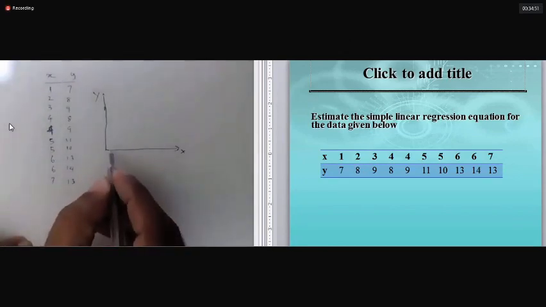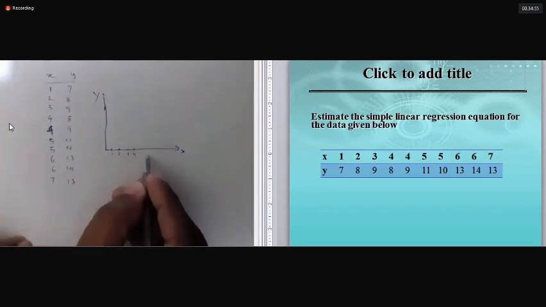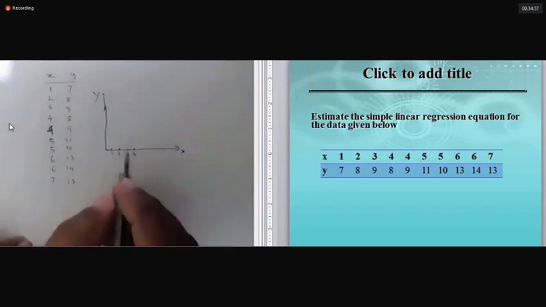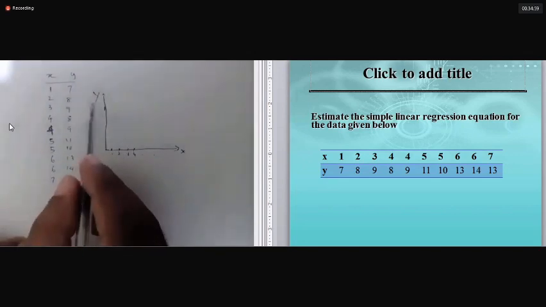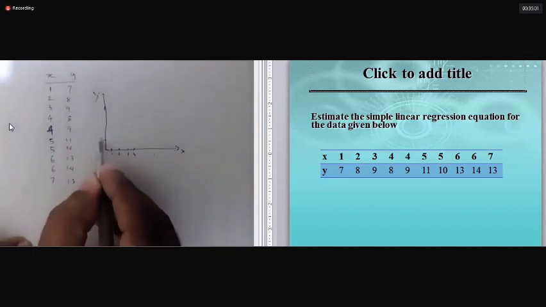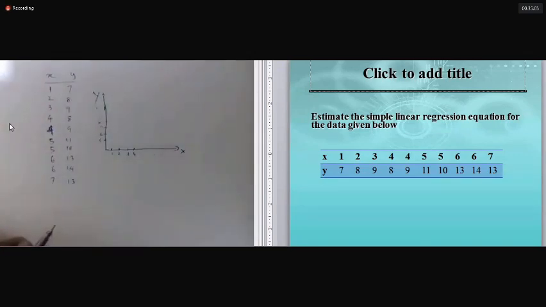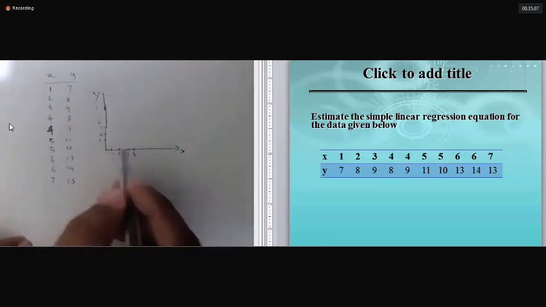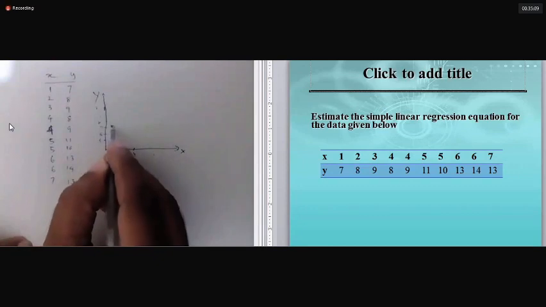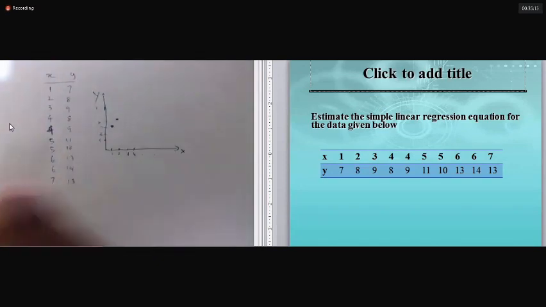For example, we can roughly mark 1, 2, 3, 4, and so on. Here the values start from 7, so I will start from 5, 6, 7, 8, and so on. The first coordinate is 1, 7, so I can mark it at 1, 7. Then 2, 8, and likewise you can mark.